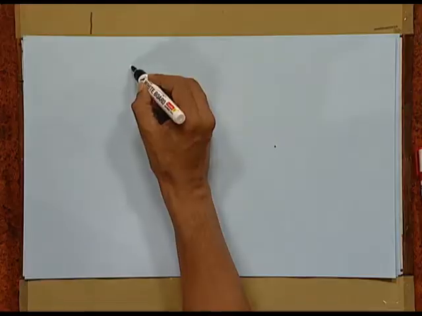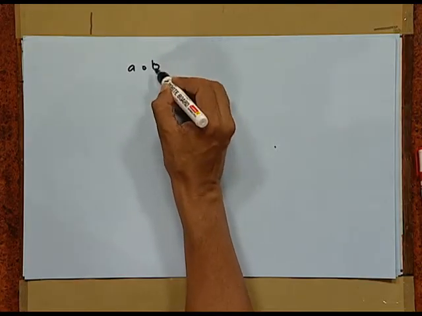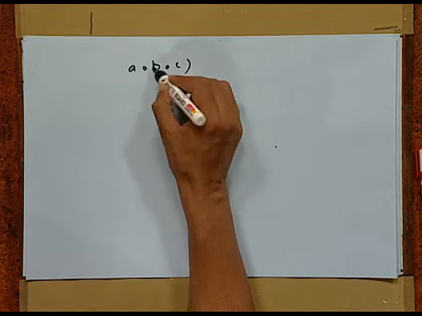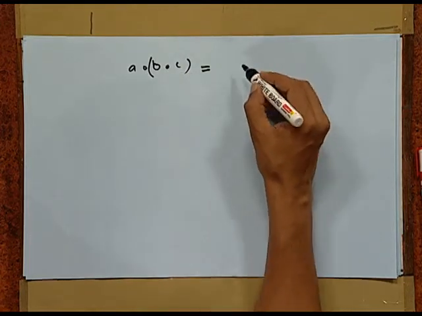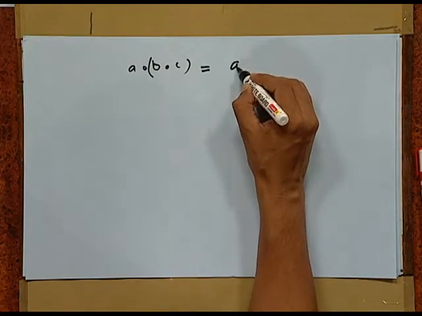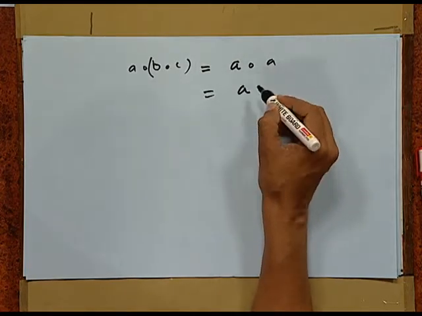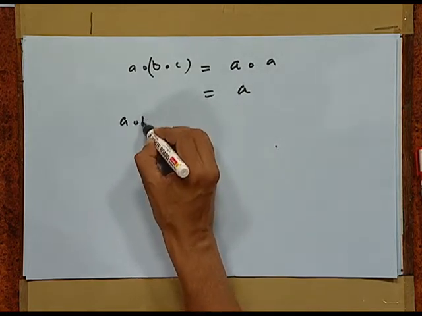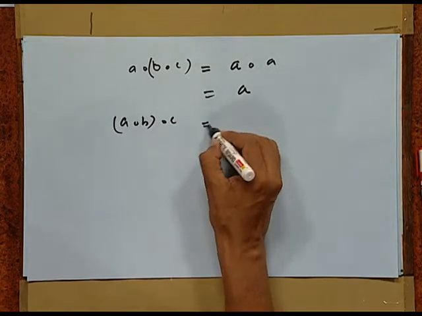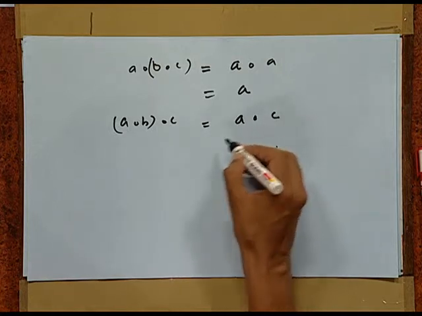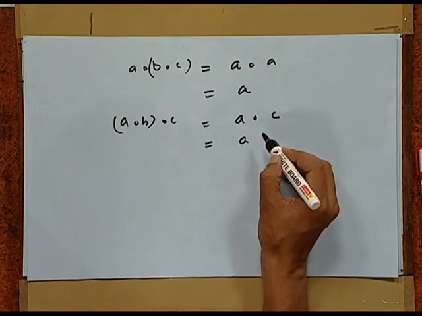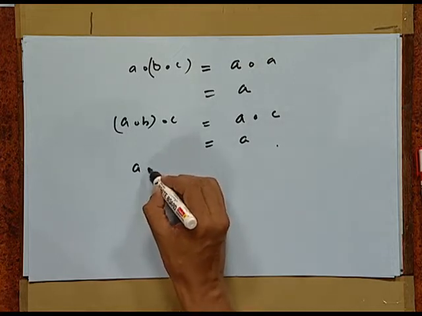Next, we will show that O is associative but not commutative. Let us take A O (B O C), that is equal to A O B, that is equal to A, while (A O B) O C is equal to A O C, which is again A. Thus, in both the cases they are same results.